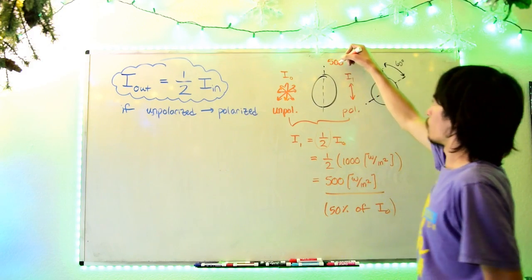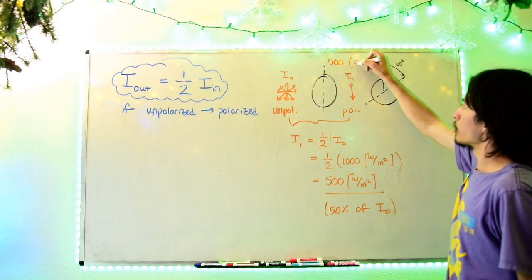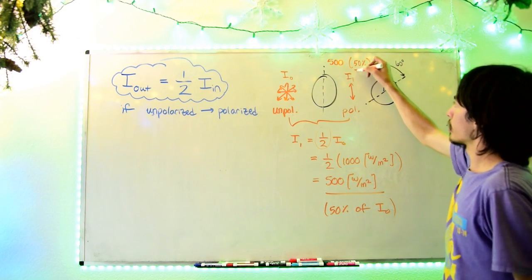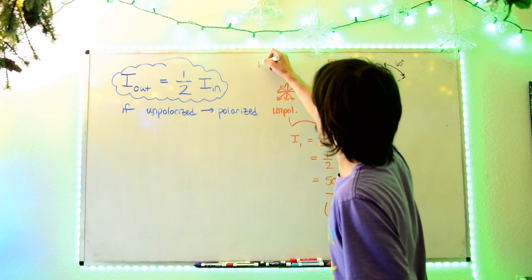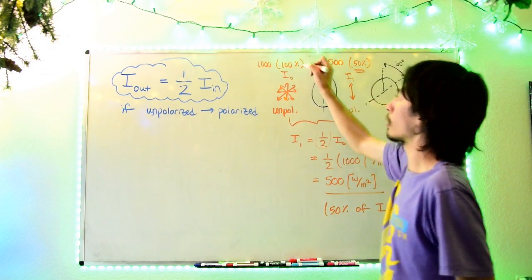I'll suppress the units, but we said that this was 50% of what we had here, which was 1,000 watts per square meter, or 100% of our light.